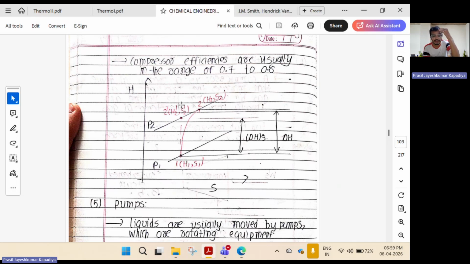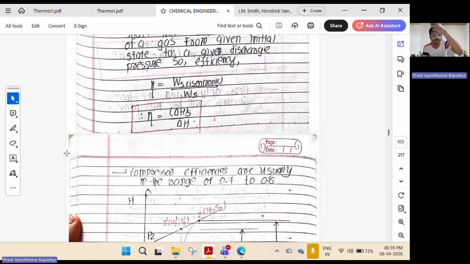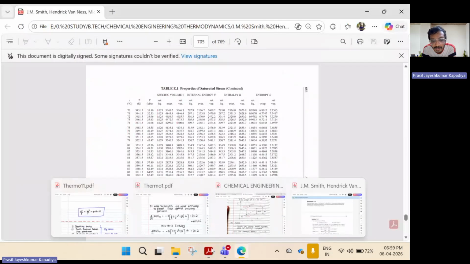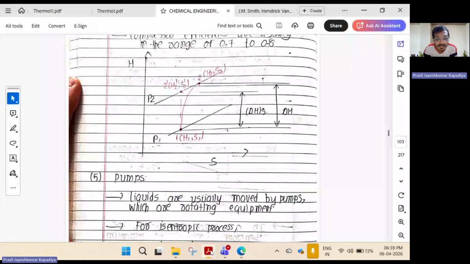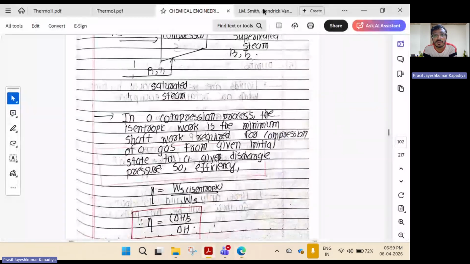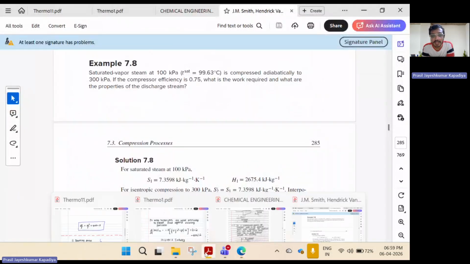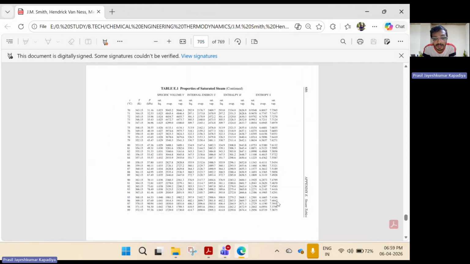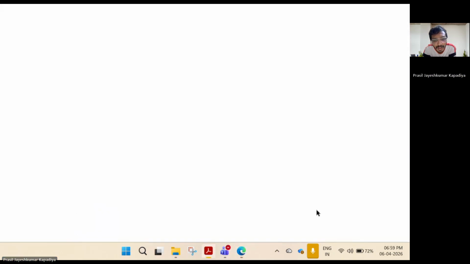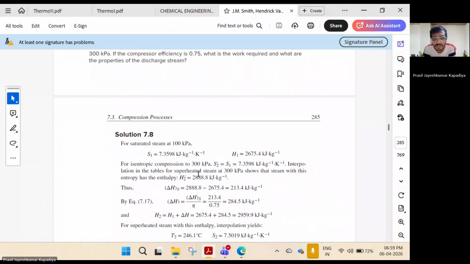Now you will follow the isentropic path, correct? So you know S1 is equal to S2 prime, and you know the final pressure, that is 300 kilopascal. At 300 kilopascal it is superheated, correct?